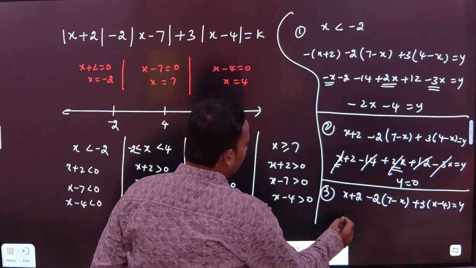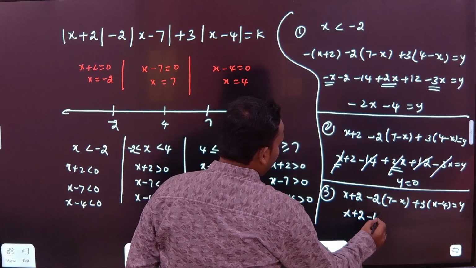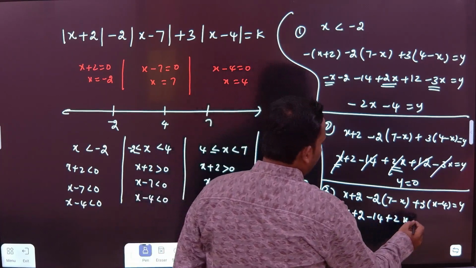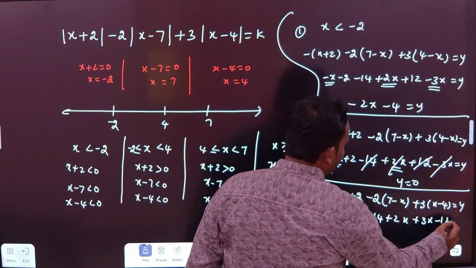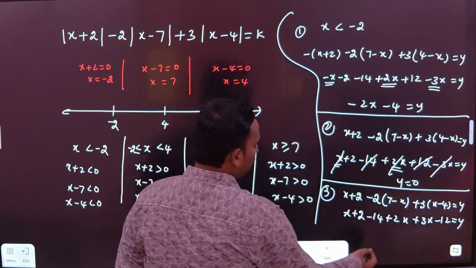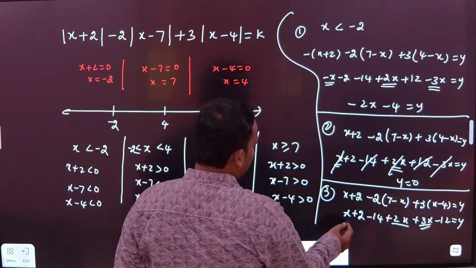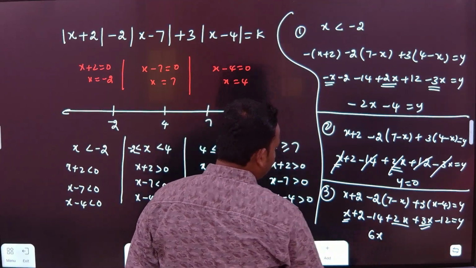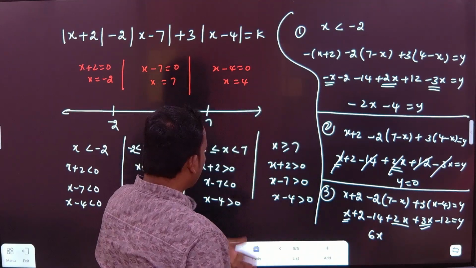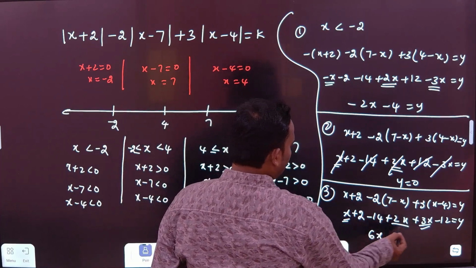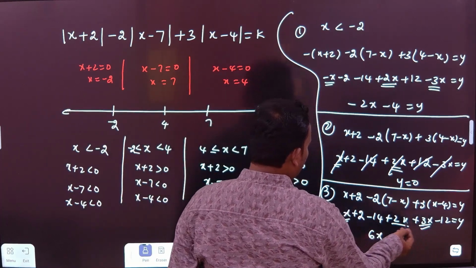Okay. Therefore x plus 2 minus 14 plus 2x plus 3x minus 12 is equal to y. So here x plus 2x is 3x, plus 3x is 6x, correct? Here minus 12.